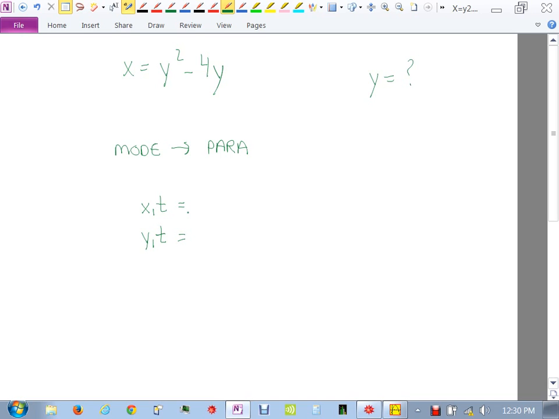But what do we know from the equation that's given? X is y squared minus 4y. We know what x is in terms of y, don't we? So you start right here with the y and say y is equal to t. Just put it in, y is t.